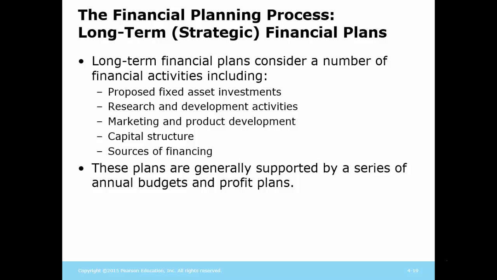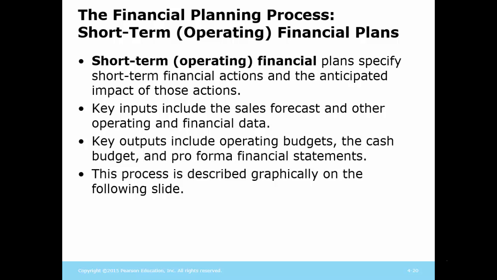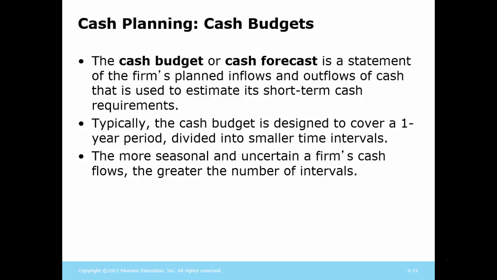All of those components are incorporated in this long-term plan to try to determine where the company is going to go down the road. On the short-term side, we want to focus primarily on the cash budget itself. What cash is needed on a month-to-month basis to keep the company running and moving forward? This cash budget, again, is very short-term.